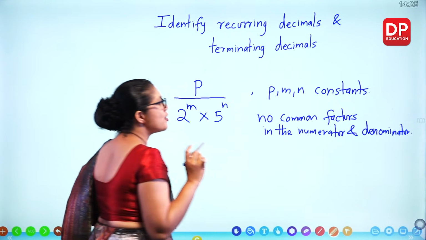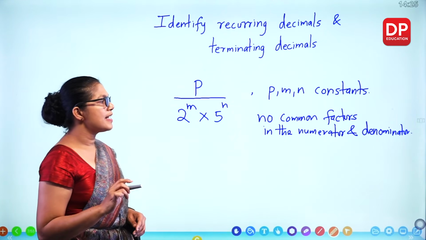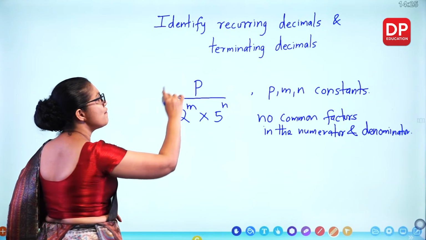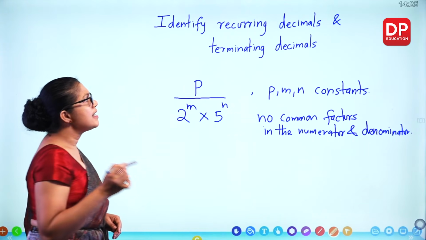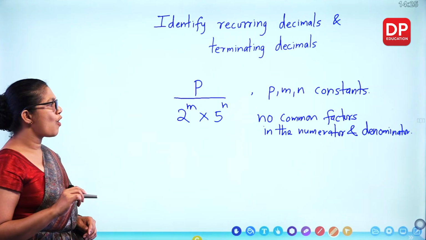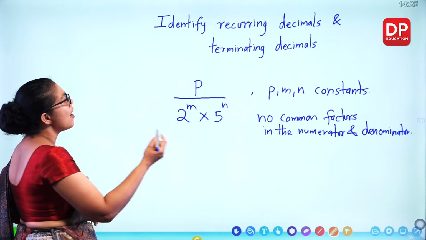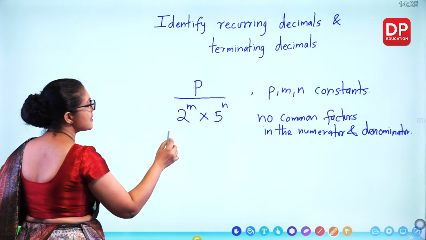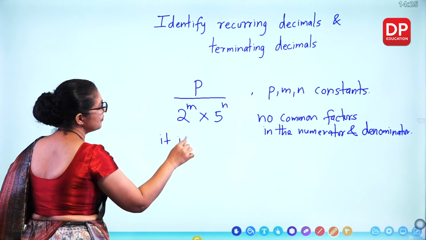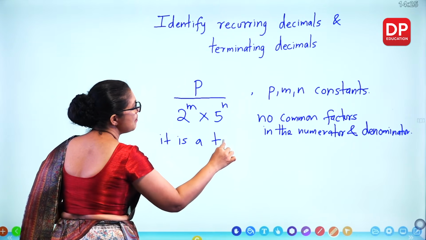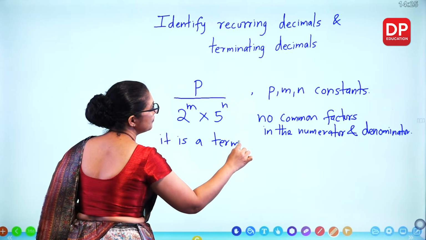So if there are no common factors in the numerator and denominator, and if we can write any decimal number in this form, we can say it's a terminating decimal.